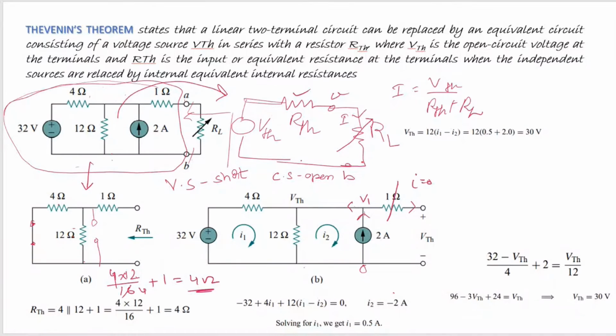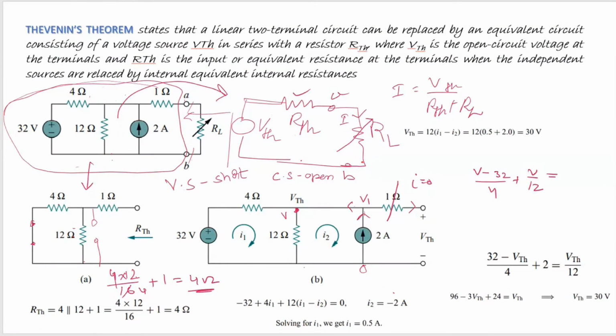Now, how to find this VTH? I will assume a voltage V here and apply nodal analysis. (V minus 32) by 4 plus V by 12 is equal to, see here, current is entering, right?